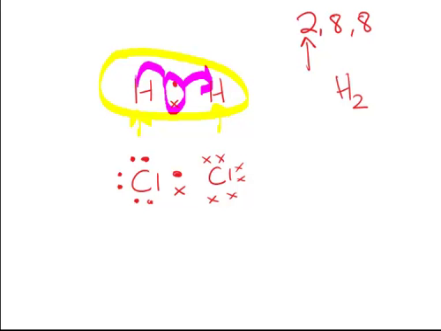Now if you have another look at another example, Cl2, a similar thing happens. Chlorine has 7 electrons, so 6 of the electrons, and they usually, in fact almost always, are placed in pairs like this here, are placed around this atom.